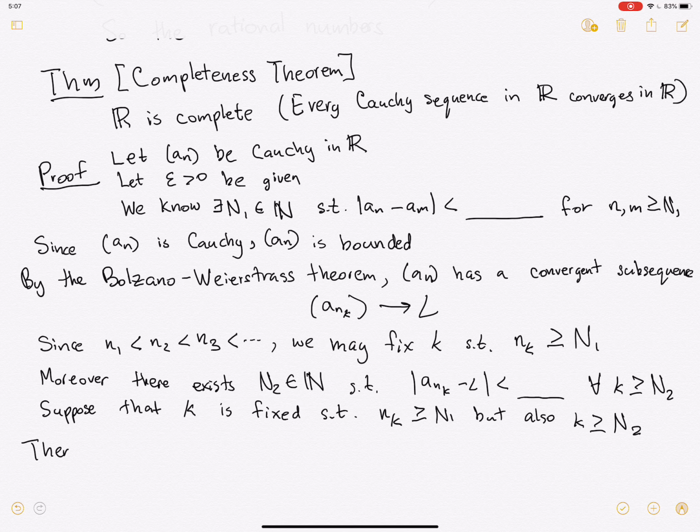Then for any n greater than or equal to N1, we have that |a_n minus L|, this limit, is less than or equal to, we're going to do a trick we've done before. This is just adding and subtracting a_{n_k}, and then applying the triangle inequality.